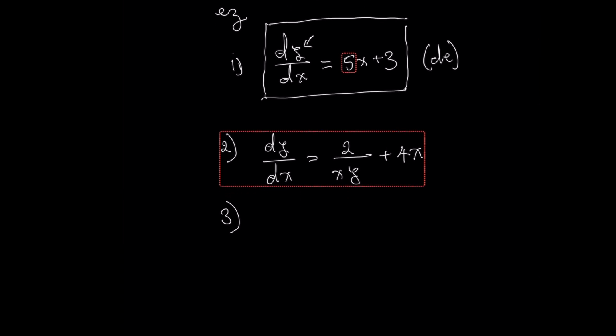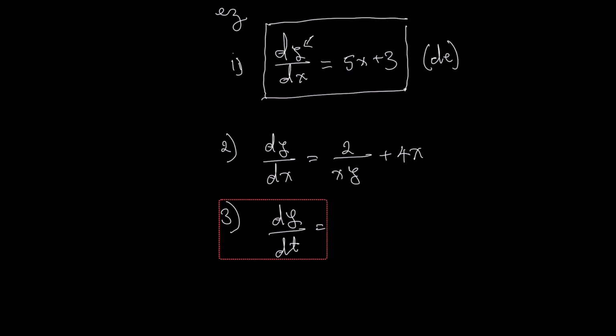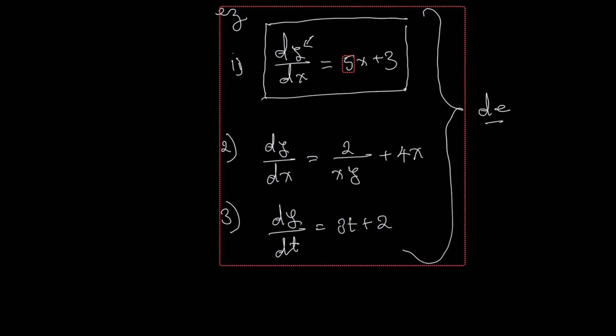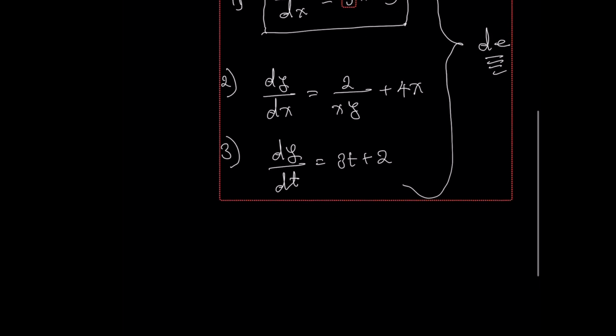We can look at a third one, say dy/dt being equal to 3t plus 2. This is also, so all these are differential equations. So you can just say here, everything you see here are differential equations.